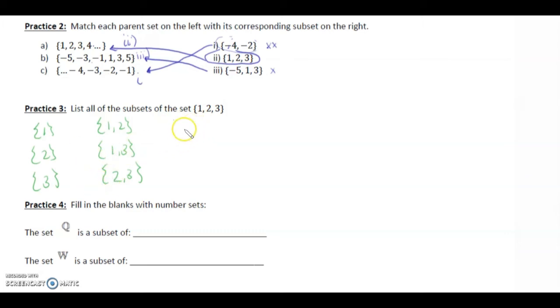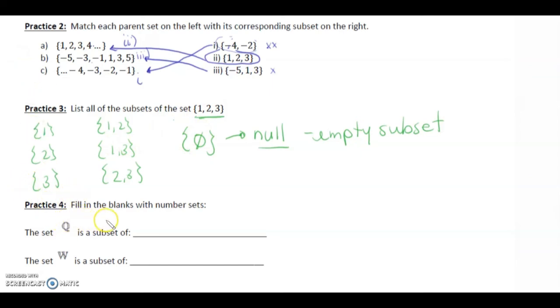So there are 6. Here's another subset. We could have something called the null subset. This is called the null subset, and this is the empty subset. And I'm going to interpret this that we don't list off the subset like 1, 2, 3, because then those would be equivalent. So I'm going to leave it at that.